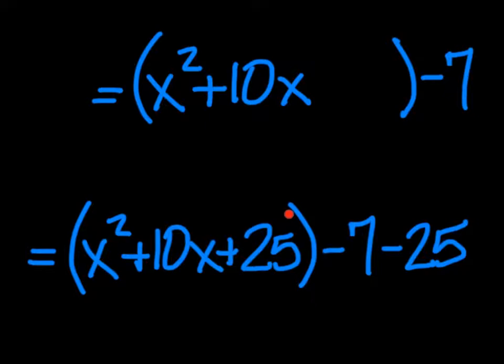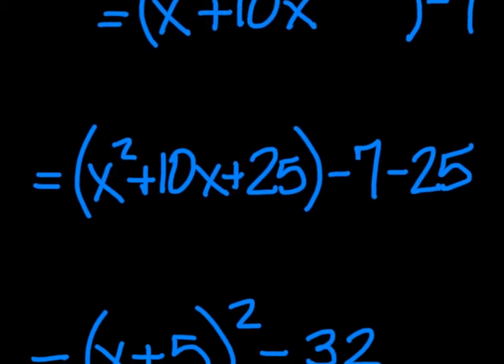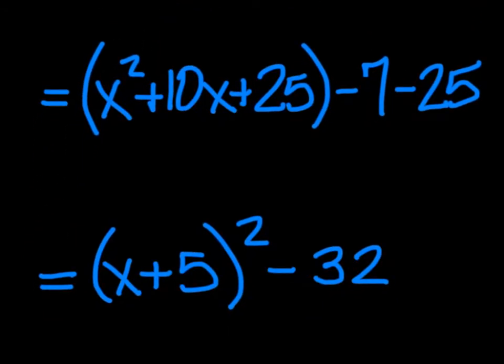To get it back to what it was before, we have to do the opposite of what we just did here, which is subtract 25 on the outside. And then simplify on that outside. Negative or minus 7 minus 25 should give you minus 32.